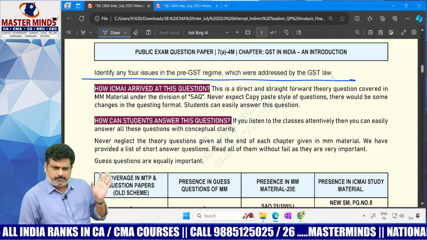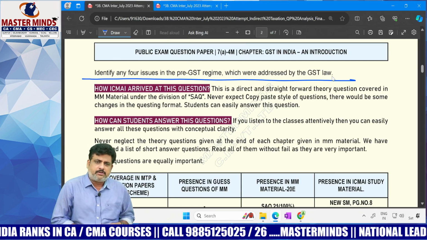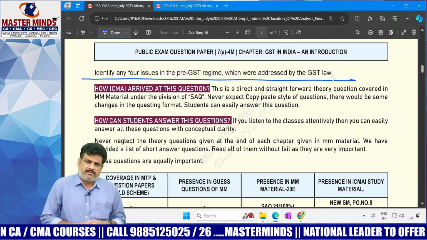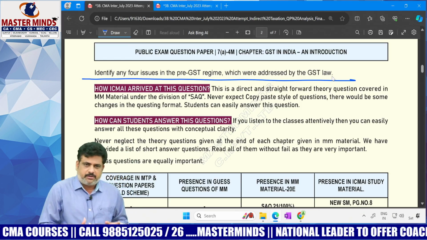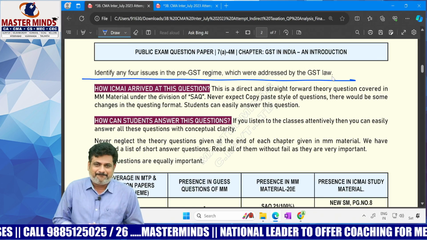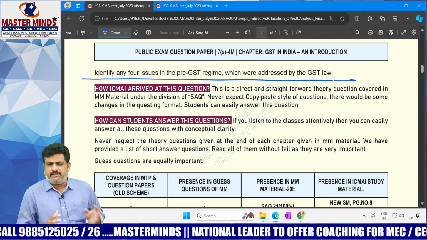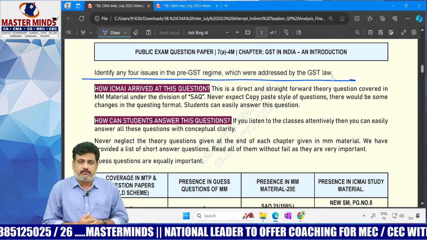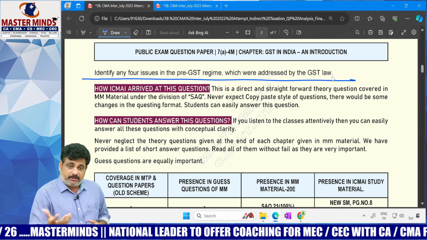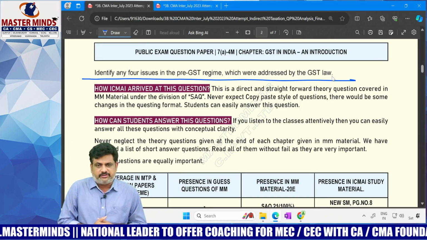Generally, there is a special division with respect to that, known as SAQs, that is short answer questions. But it is not every time you are that lucky, because generally copy-paste style questions will be asked rarely, and in this particular attempt that particular direct theory question was asked.